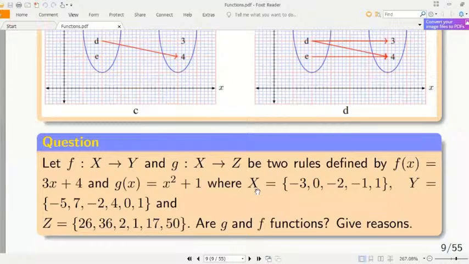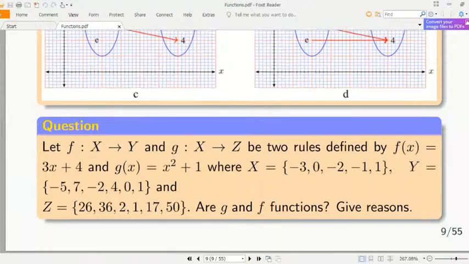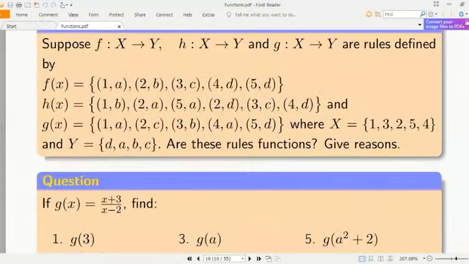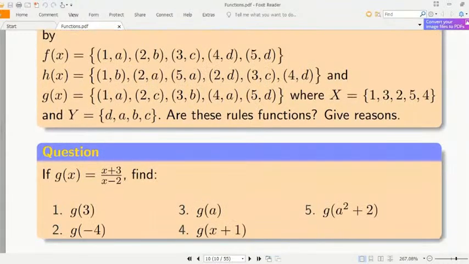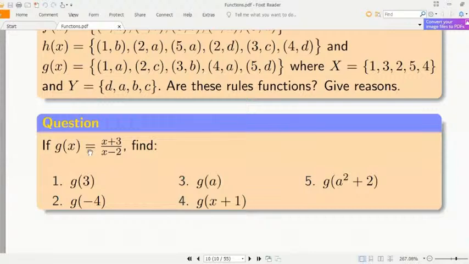We've looked at a similar position. So the question is, are g and f functions? Just go through our examples and see whether you are able to answer this. And then there's this one, I think the last question. If g of x is x plus 3 over x minus 2, find this.